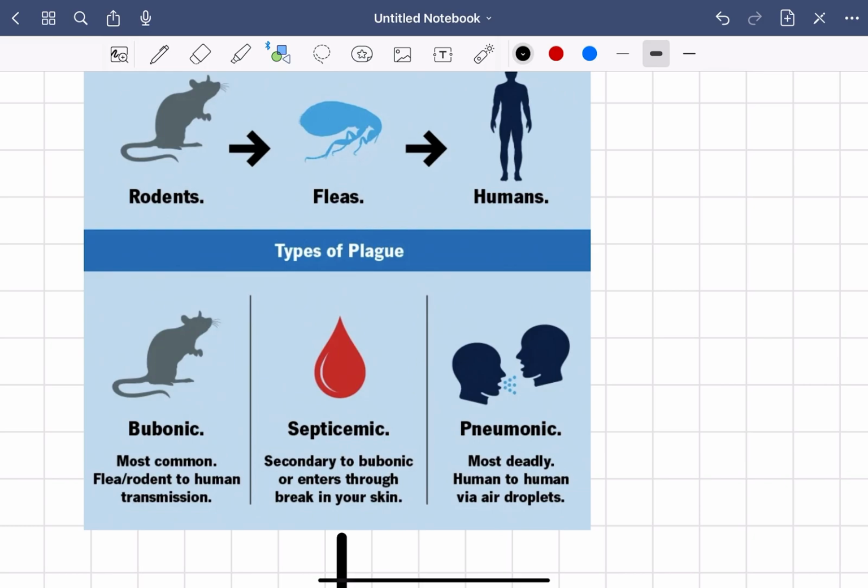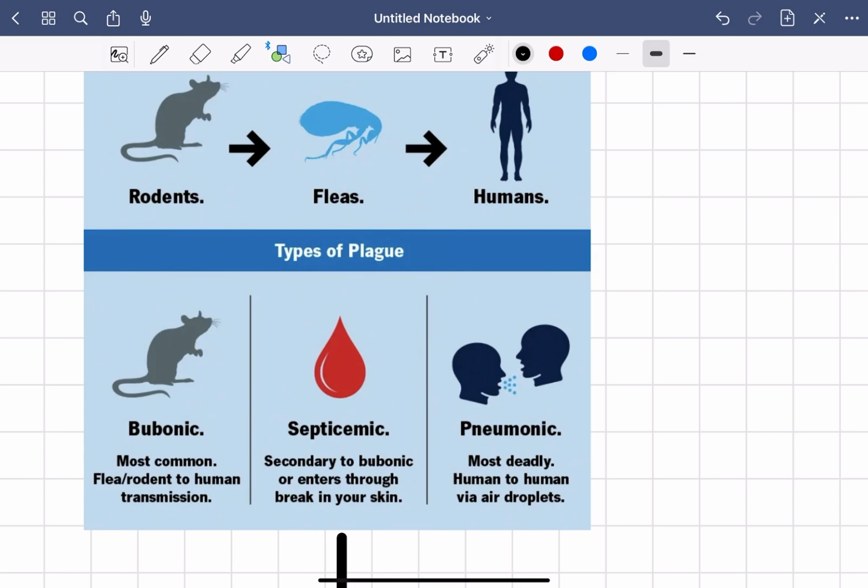Since the bubonic plague is a lymphatic infection, these lymph nodes become inflamed and cause bubos, which is Latin for boils, hence the name bubonic plague.